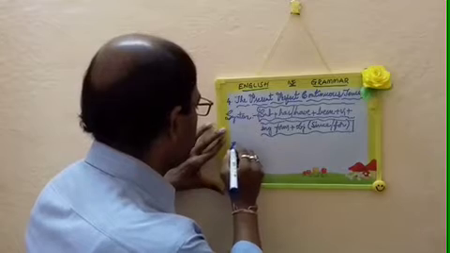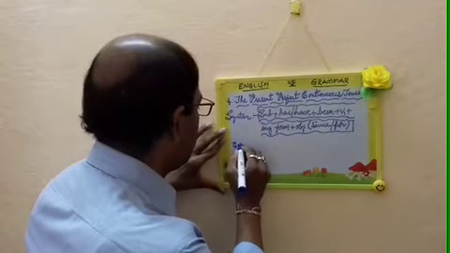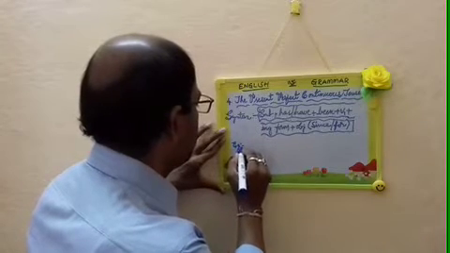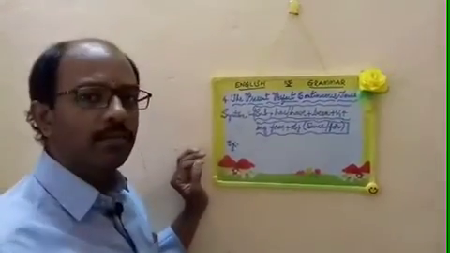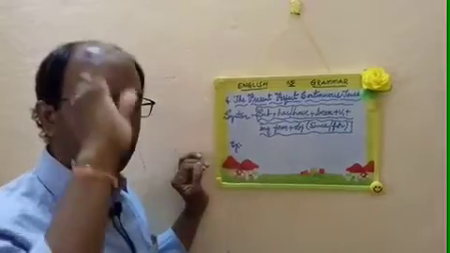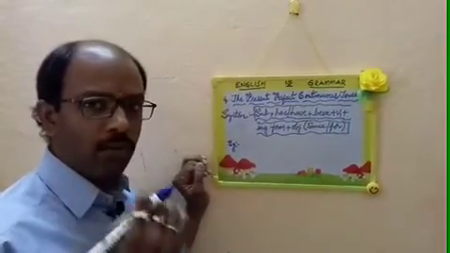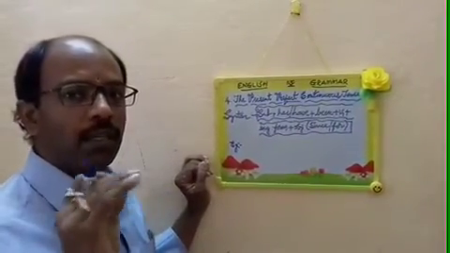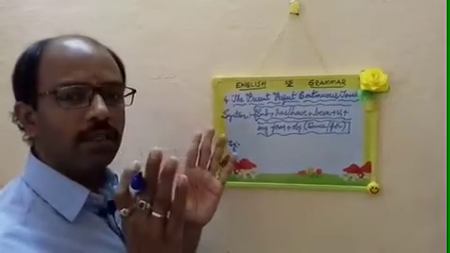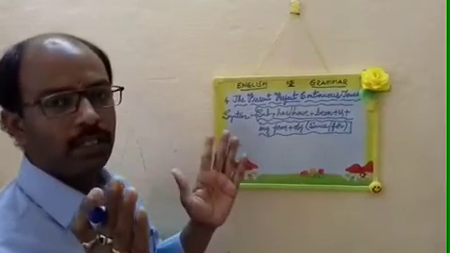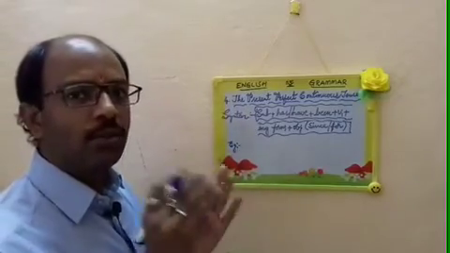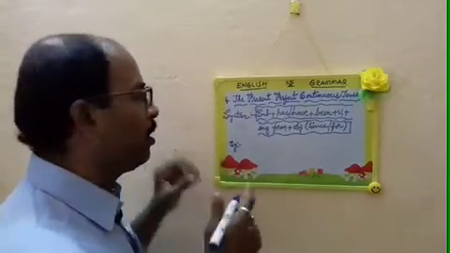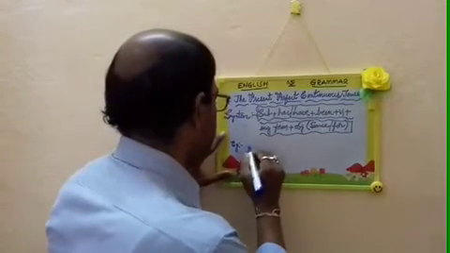Mainly, children, this tense is used when the action begins in the past, but now, at the time of speaking, we show how much period it has completed and when it started, showing that period or time.